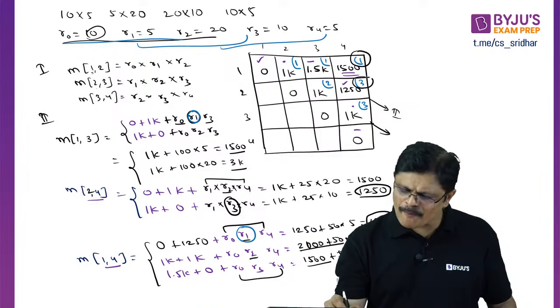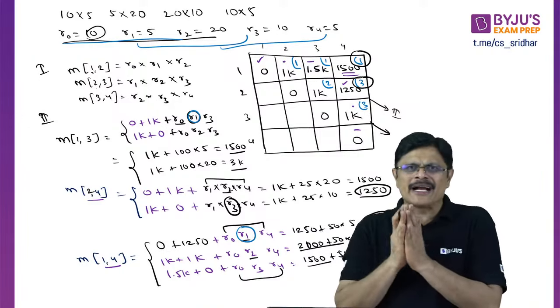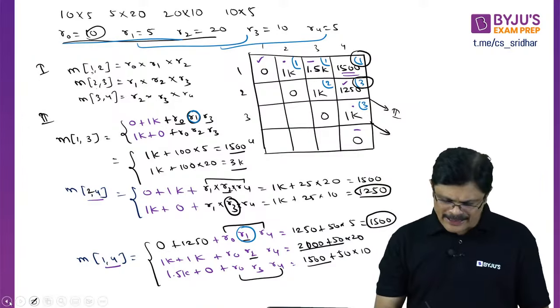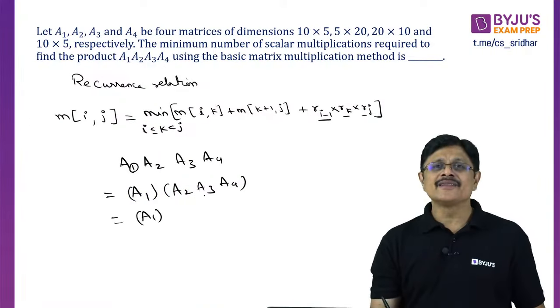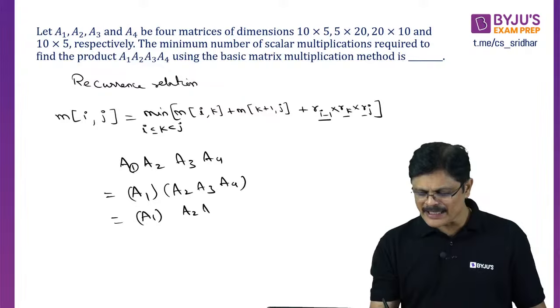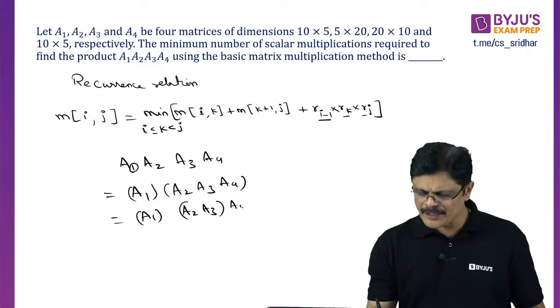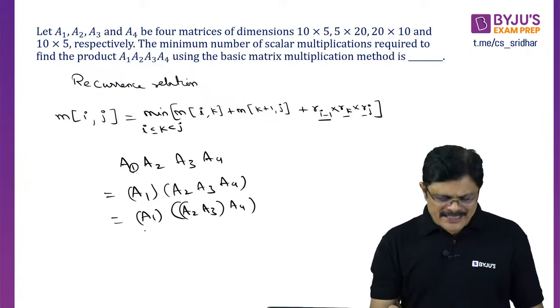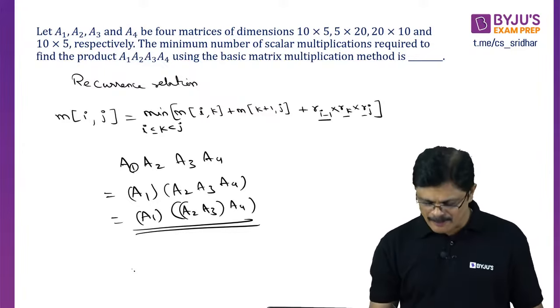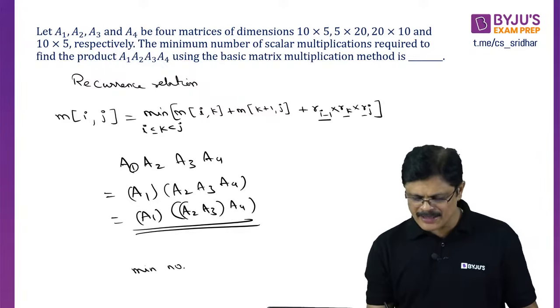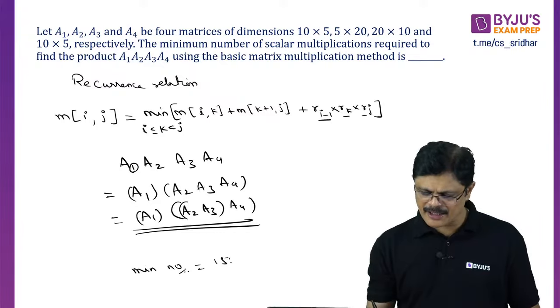And what is the matrix at which you are cutting this particular product? At 3. That is, you are multiplying it like A2, A3 into A4. This is the order in which, if you multiply, you get the minimum number of scalar multiplications, and that minimum number is equal to 1500, my dear friends.